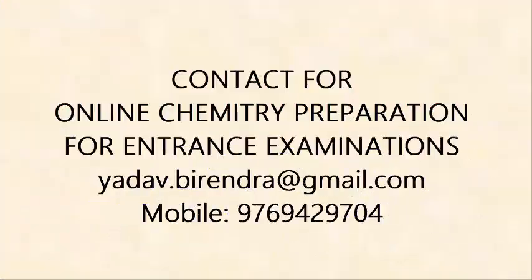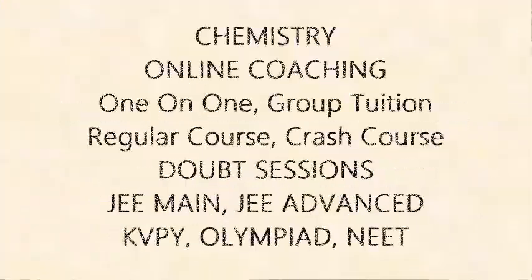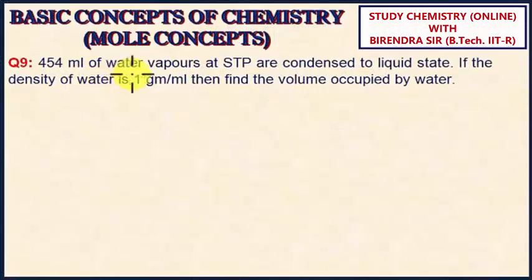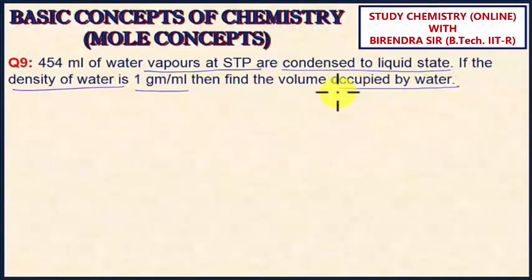Now I'll take another question here. Here the question says 454 ml of water vapors at STP are condensed to liquid state. If the density of water is 1 gram per ml, then find the volume occupied by water. What is given?